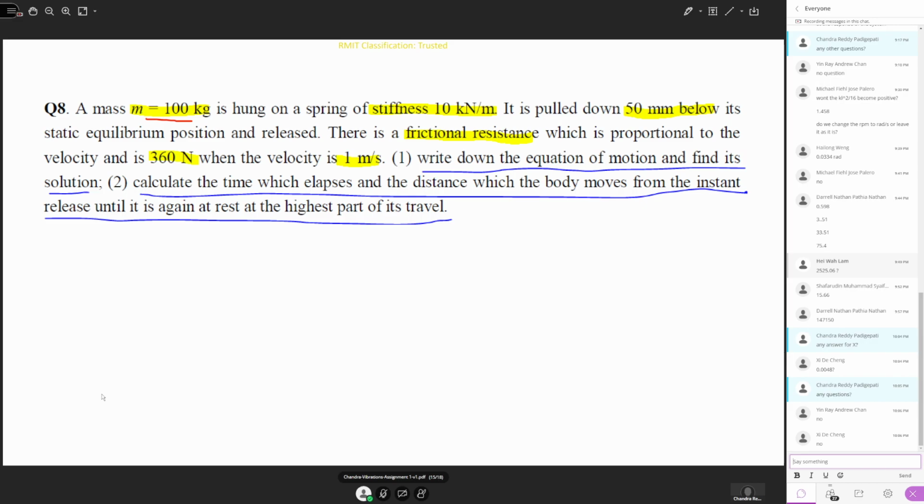The stiffness constant is given, 10 kilonewton per meter, so 10 into 10 power 3. And it is pulled down 50 mm below its static equilibrium position and released. So the displacement is 50 mm or 0.05 meters.